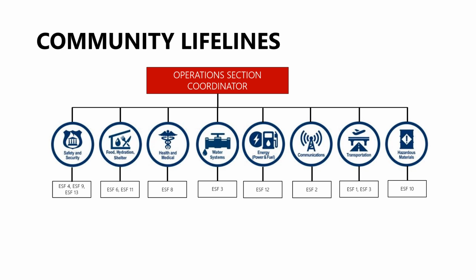And we're going to open some points of distribution so that we can get water out to the community. We're going to issue boil orders. Now our lifeline can turn yellow, and we're going to activate that food, hydration, and shelter lifeline, and that's going to turn yellow as well.